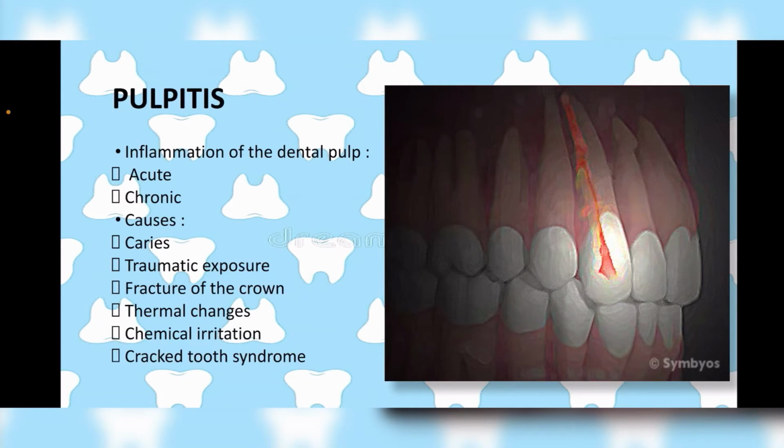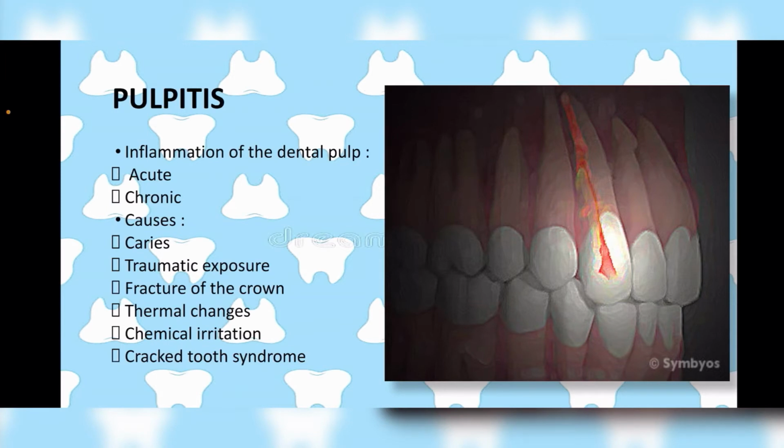And now, pulpitis. Pulpitis, since it ends with -itis, it means inflammation, right? The inflammation of the dental pulp. And it can be either acute or chronic, and it can be caused by numerous causes like caries, traumatic exposure, fracture of the crown, thermal changes, chemical irritation, etc., depending on the classification.